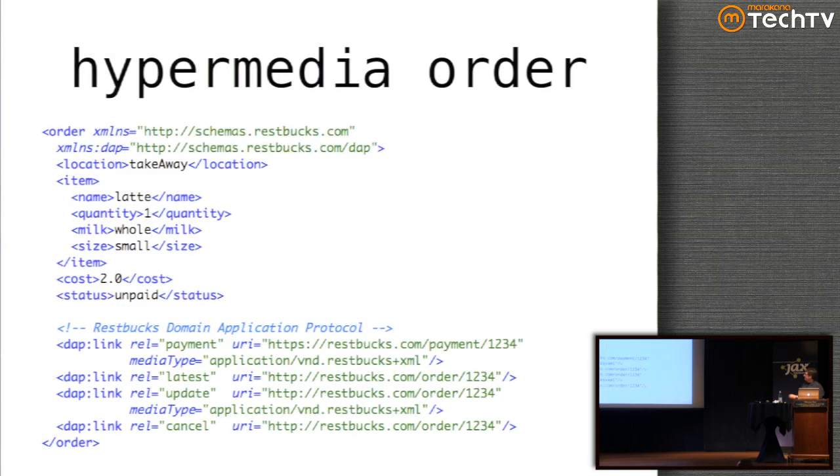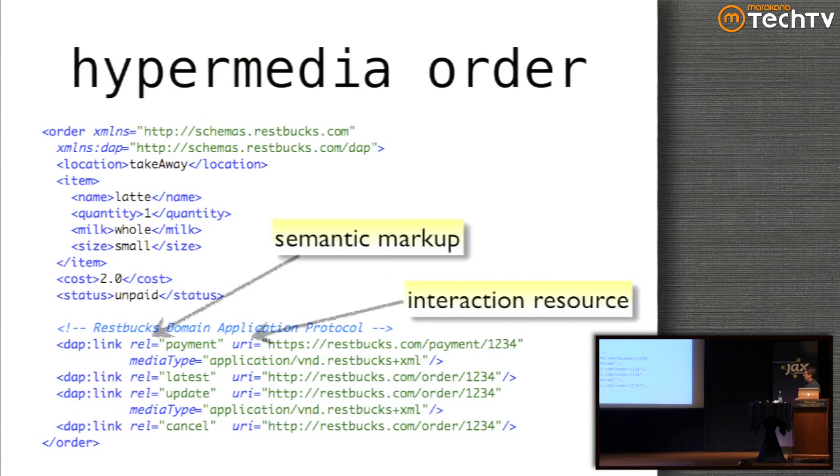So this is what a snippet of that hypermedia document looks like that comes back. It has coffee information in it, but it also has these domain application protocol links, what it's related to, what the URI is, and what media type it's expecting. This tells you the details about what the thing's going to look like, what shape it is from an XML standpoint, its schema, its DTD, or whatever that is, which lets you do validation as you make calls to these resources.